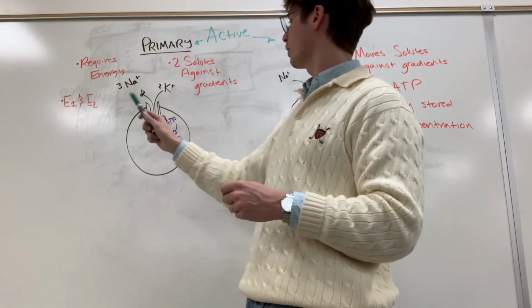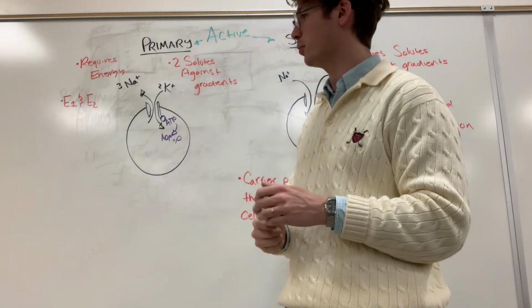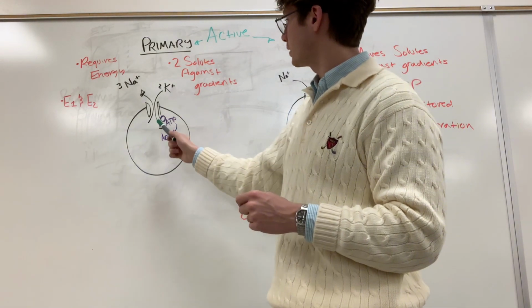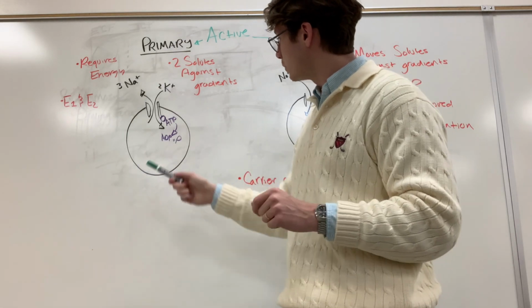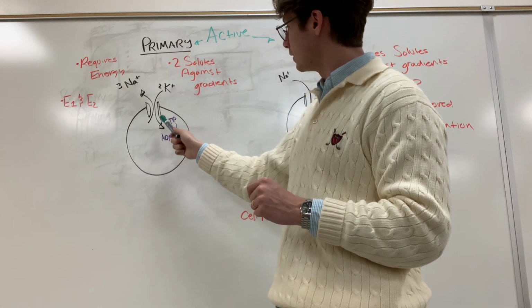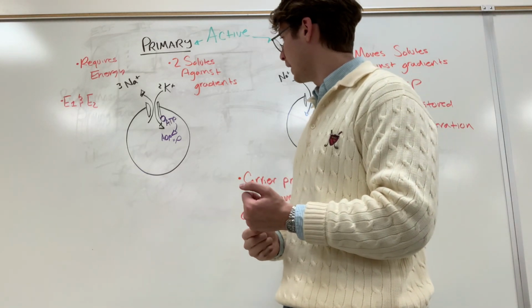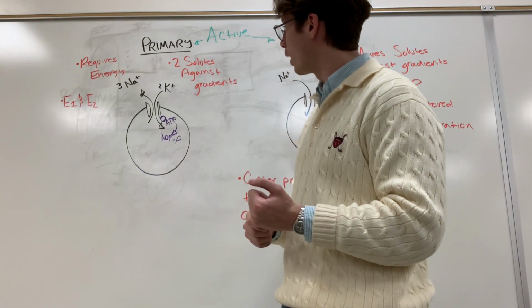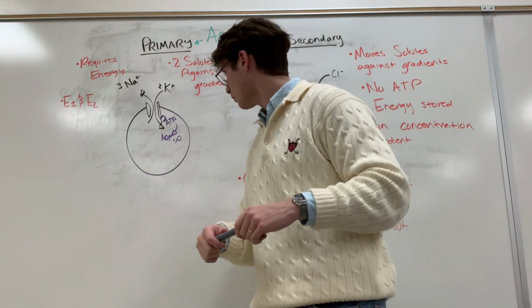So on this pump, the sodium potassium ATPase pump, there's a binding site on the inside for ATP. And what happens is ATP comes in, gives up one of its phosphates, becomes ADP, and that is the energy that's required for this pump to open. It's very important.